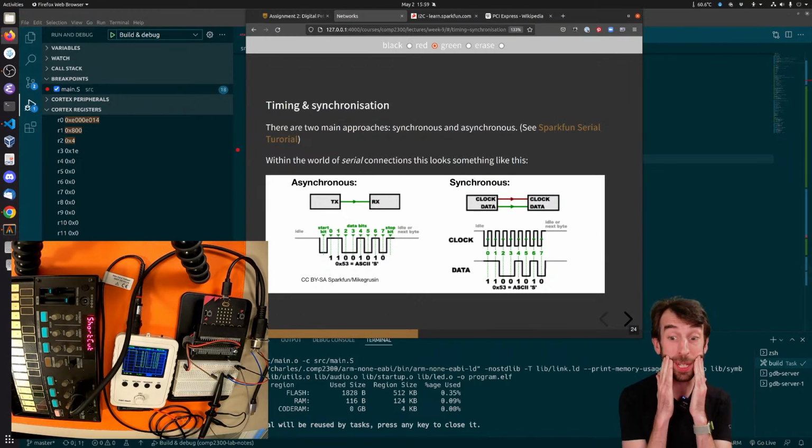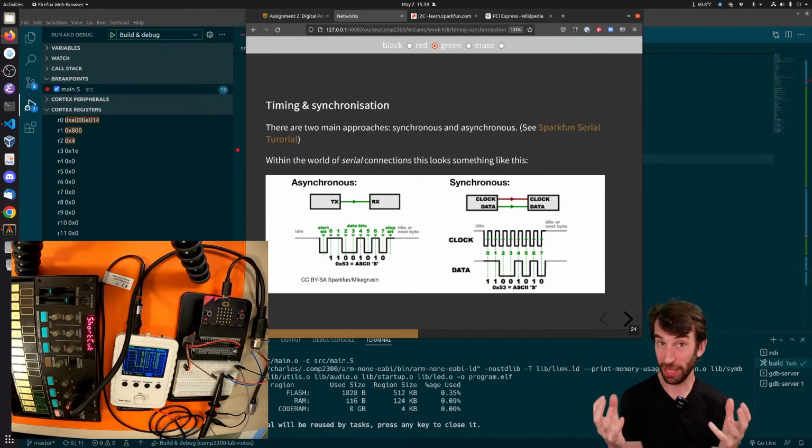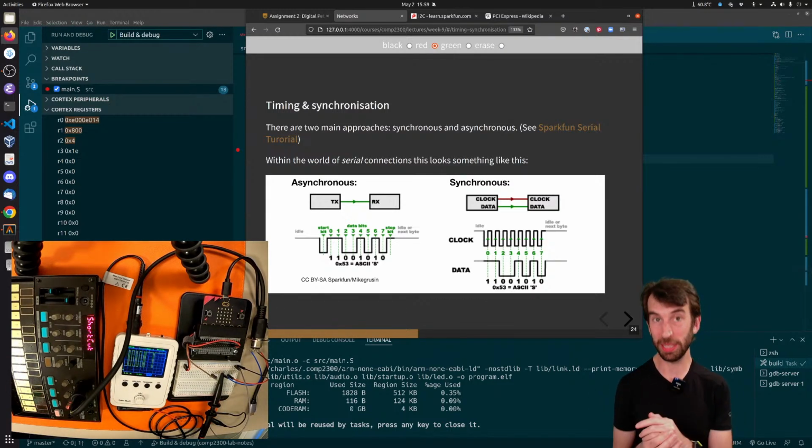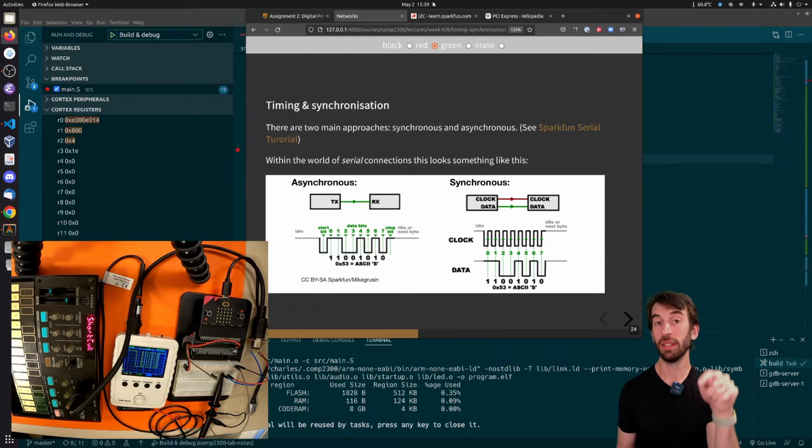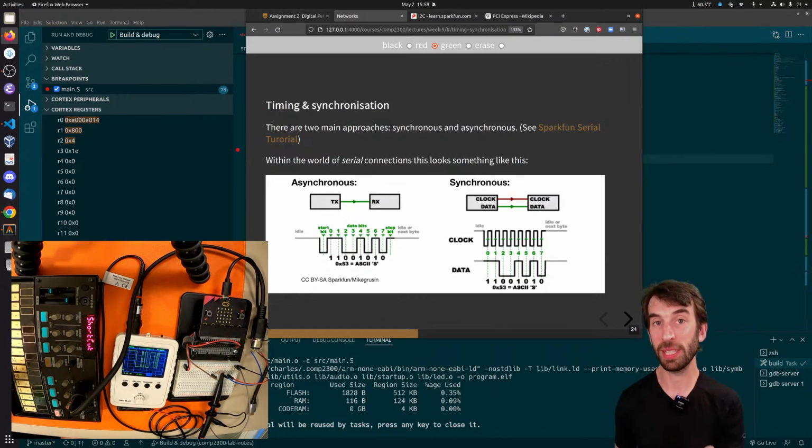Now, I'm not a hardware designer, but the way that these things work are set up by some of the limitations of how hardware has to be designed. And we're talking about limitations that existed in 1960, which is when this serial protocol was set down as being a standard.